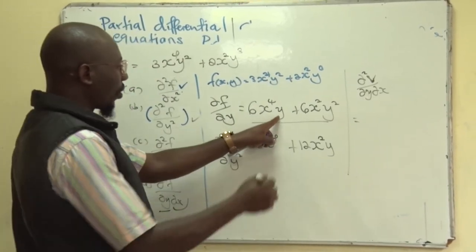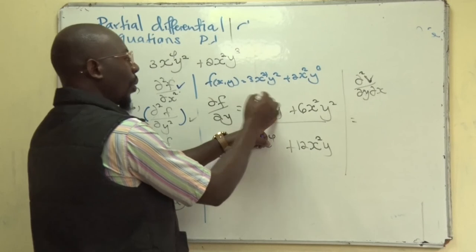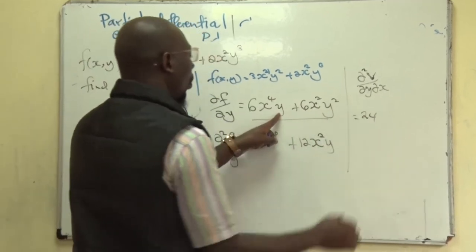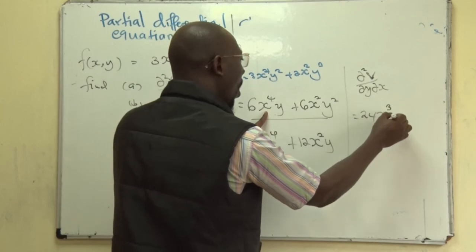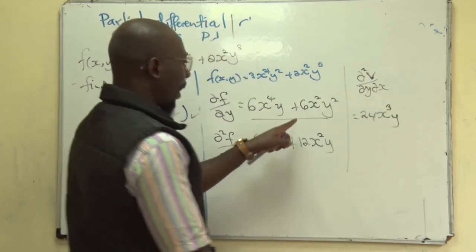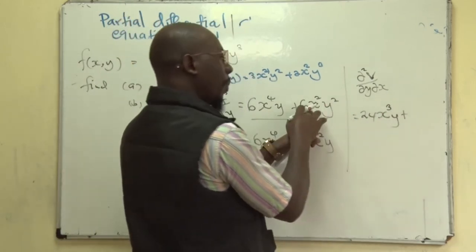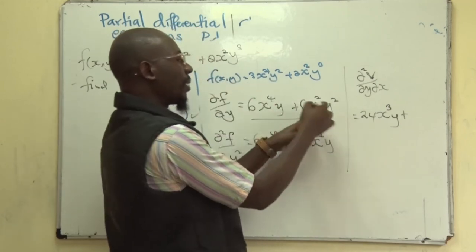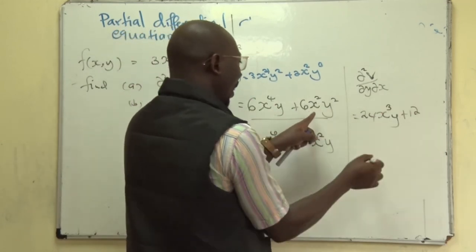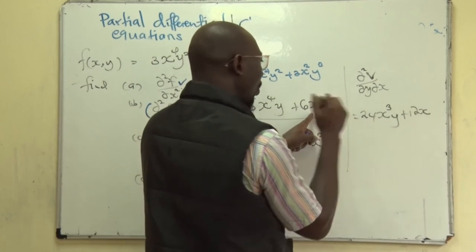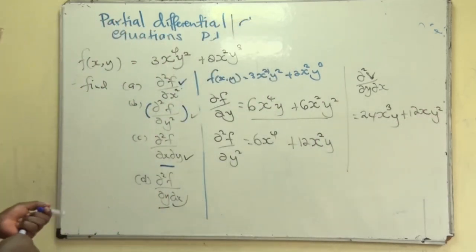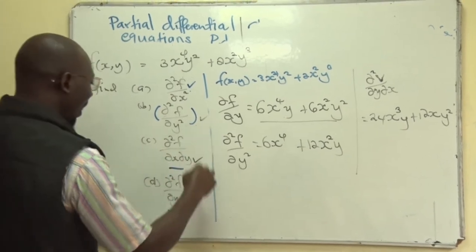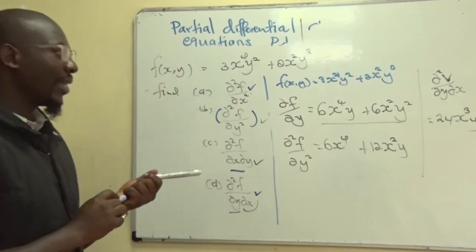So with y as a constant, you take this power of x, you multiply by 6, you get 24. So 24, the power of x reduces by 1, it becomes x power 3, y is a constant. Plus, the power of x here is 2, you multiply by 6, you get 12. X power reduces by 1, it goes to 1, y is a constant. So you solve both parts of the equation. You solve this one and you solve this one. So that is how interesting it is.